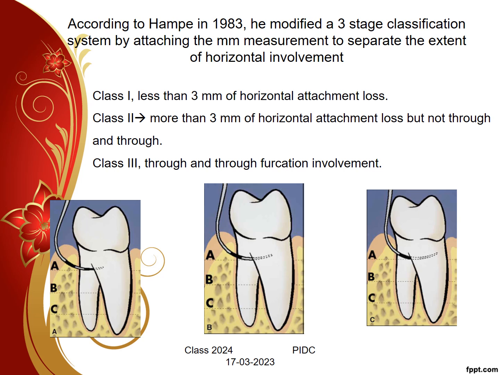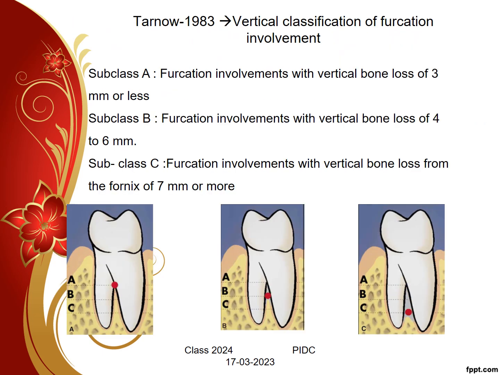Class 3 is one in which there is a through and through horizontal attachment loss. Tarnow has classified the same with the vertical attachment loss, where furcation involvement with bone loss is present, 3 mm or less, 3 to 6 mm and then 7 mm and more. So these are subclass A, B, and C.